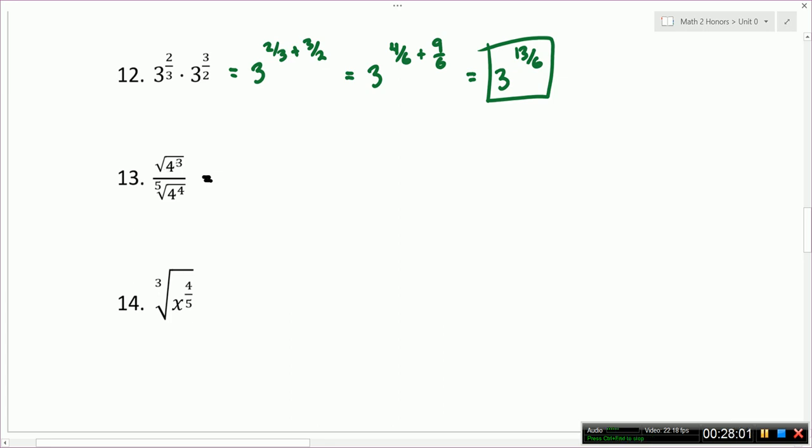So the first one is the square root, there's an invisible 2 there, of 4 to the third. That's the same thing as 4 to the 3/2 power. Over, in the denominator we have the fifth root of 4 to the fourth, so that's 4 to the 4 over 5.